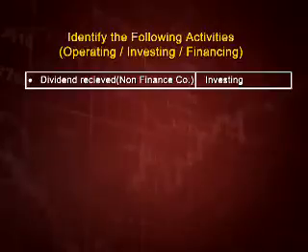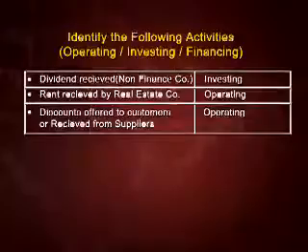Dividend received by a non-finance company, it is an investing activity. I would like to mention, if dividend is received by a financing company, it will be an operating activity. Discount offered to customers or received from suppliers, yes, it's an operating activity.